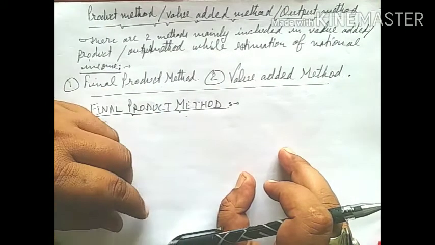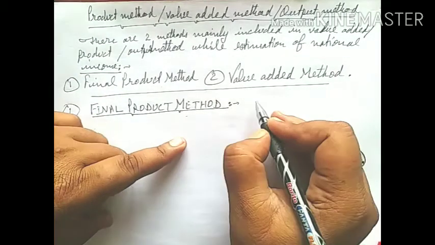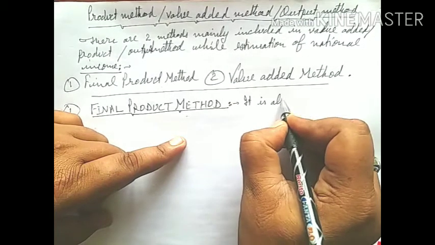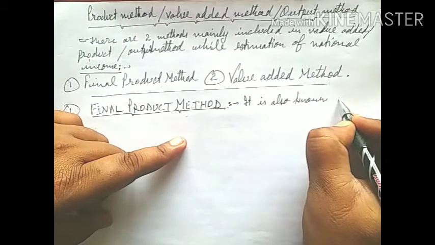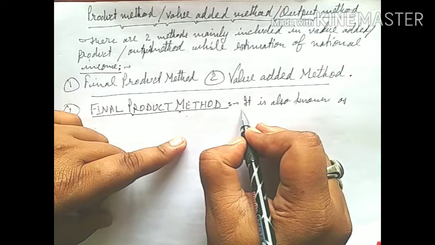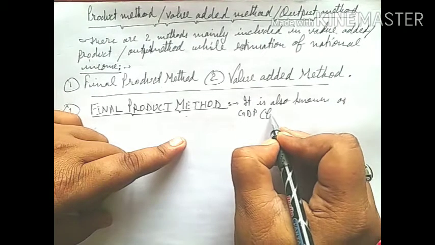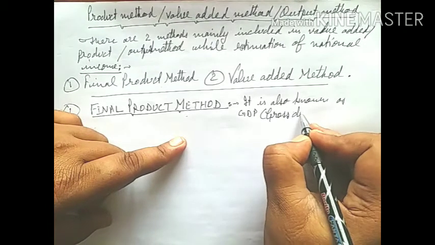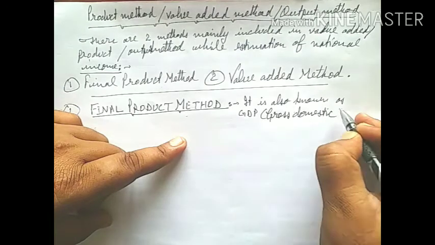Students, this final product method is also known as GDP. GDP is for gross domestic product.